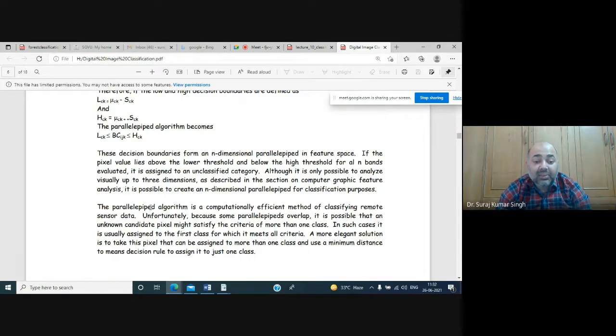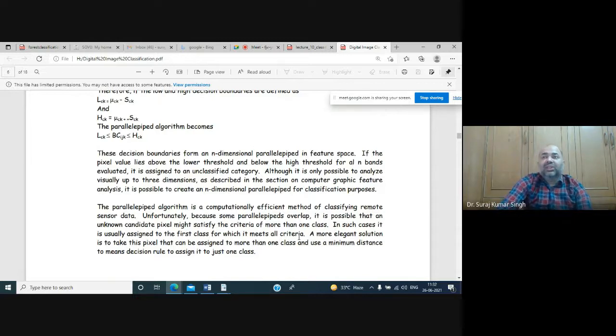The parallelepiped algorithm is a computationally effective method of classifying remote sensing data, but unfortunately, because some parallelepipeds overlap, it is possible that an unknown candidate pixel might satisfy the criteria of more than one class. In such cases, it is usually assigned to the first class for which it meets the criteria.